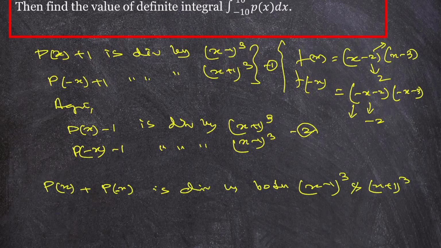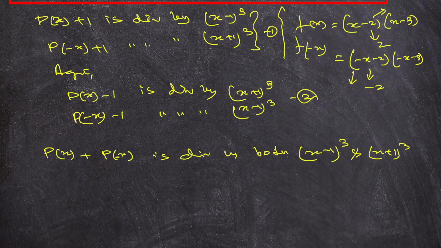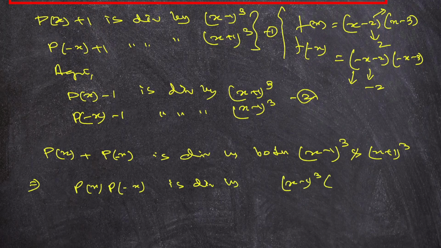So we can say that it is divisible by (x minus 1) whole cube into (x plus 1) whole cube. This would be a 6 degree expression, but it is actually a 5 degree equation. Therefore we can say P(x) plus P(minus x) equal to 0.